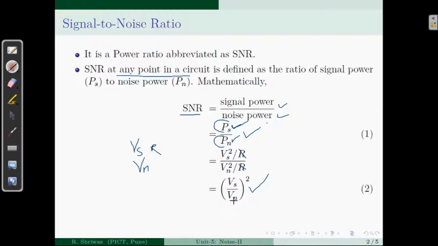But do remember, whenever you are taking signal voltage as RMS, you have to take the noise voltage also in RMS. If you are taking the signal voltage in peak voltage, then take the noise voltage also in peak voltage. And the same for peak to peak: if you are taking peak to peak signal voltage, then you have to take peak to peak noise voltage.